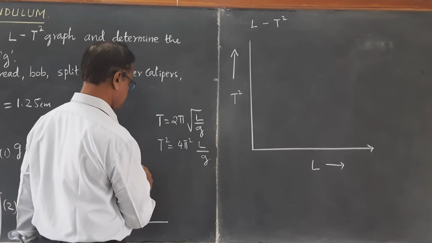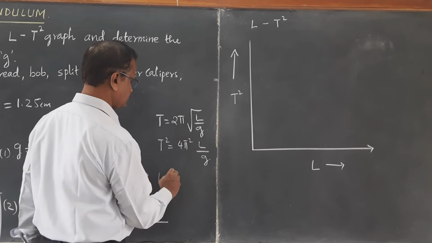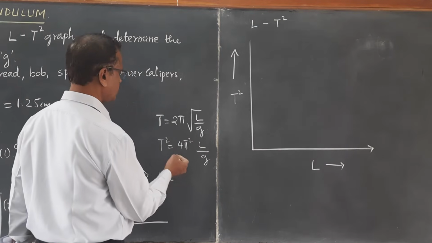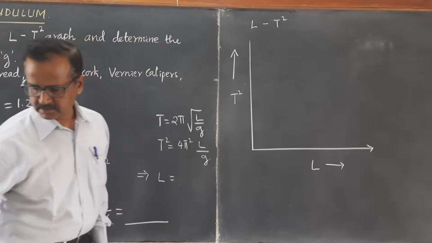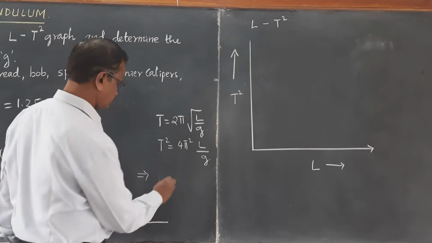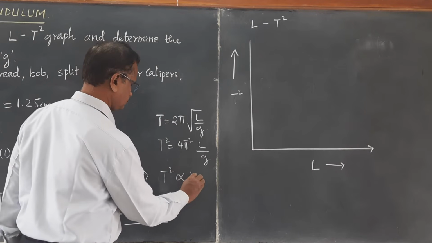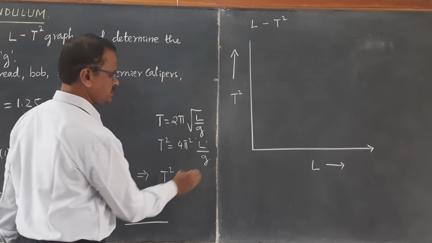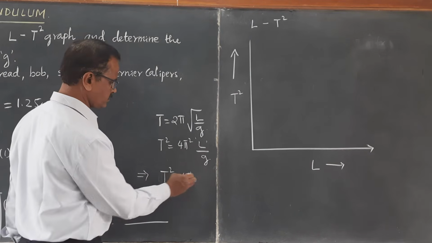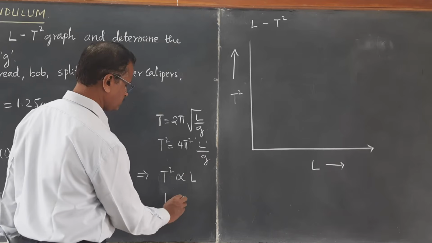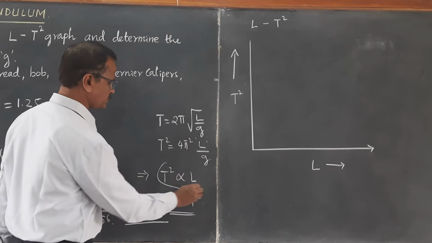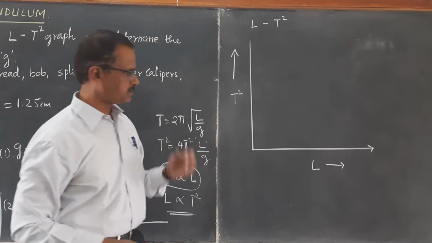It is clear from this that t square is directly proportional to L. g, the acceleration due to gravity, is constant, and 4 pi square is also constant. So t square is directly proportional to L, or L is directly proportional to t square.